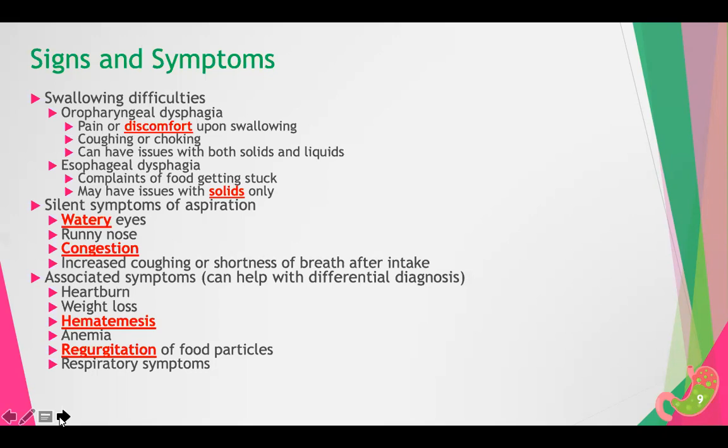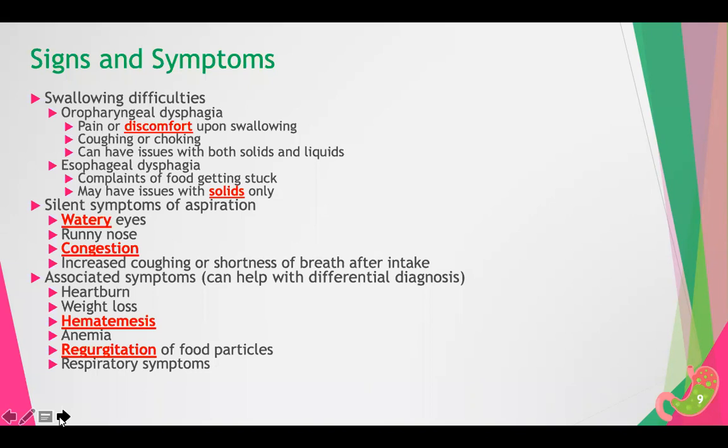Watery eyes or runny nose, congestion, increased coughing or shortness of breath after they eat or drink. Some associated symptoms that can help with differential diagnosis include heartburn, because heartburn can cause esophageal injury, weight loss, and hematemesis, which can indicate a GI bleed or an ulcer, which also indicates esophageal issues.